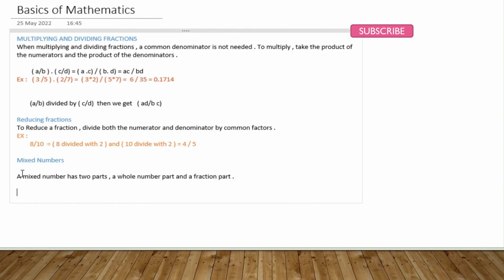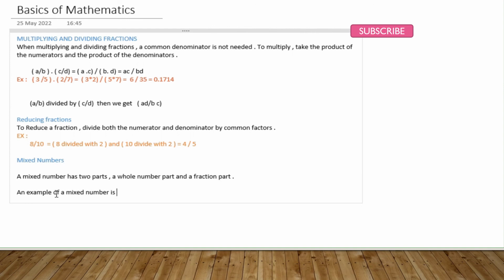For example, an example of a mixed number is 7 into 3 divided by 8.